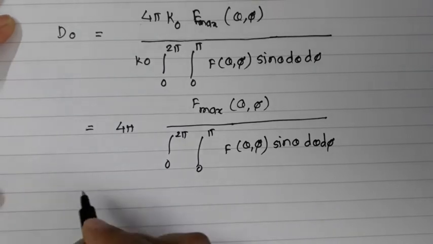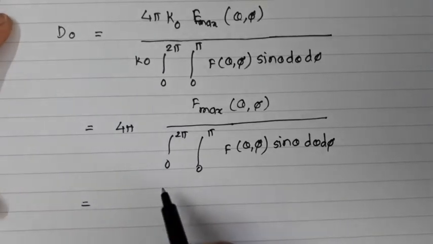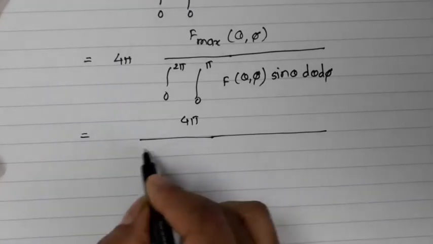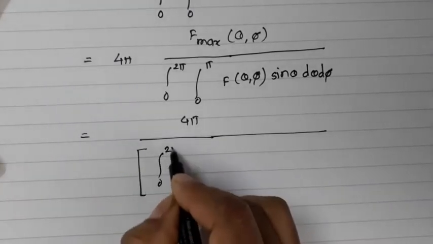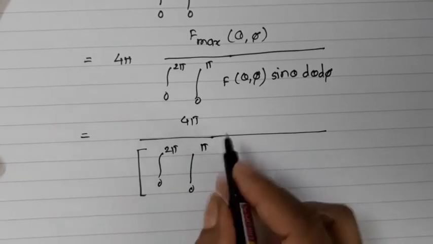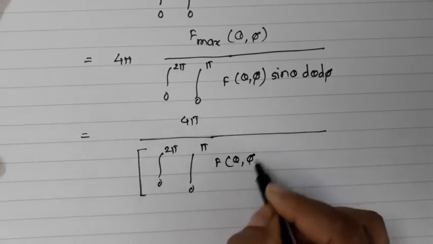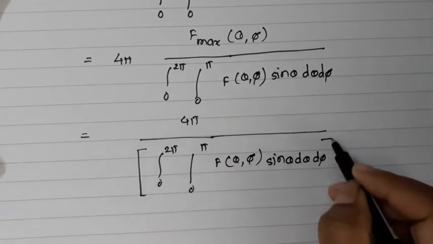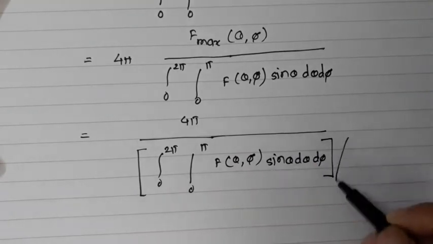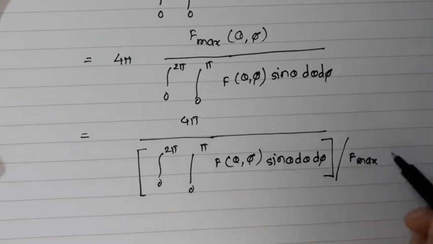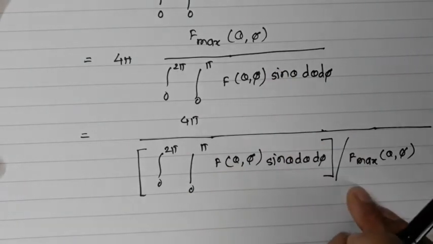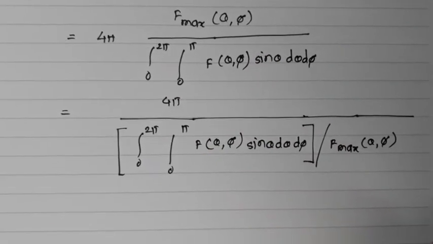Now further solving this equation, you can write 4π divided by the integration over 0 to 2π, 0 to π of F(θ, φ) sin θ dθ dφ divided by F max(θ, φ). So I have taken this term down, and then again further solving.